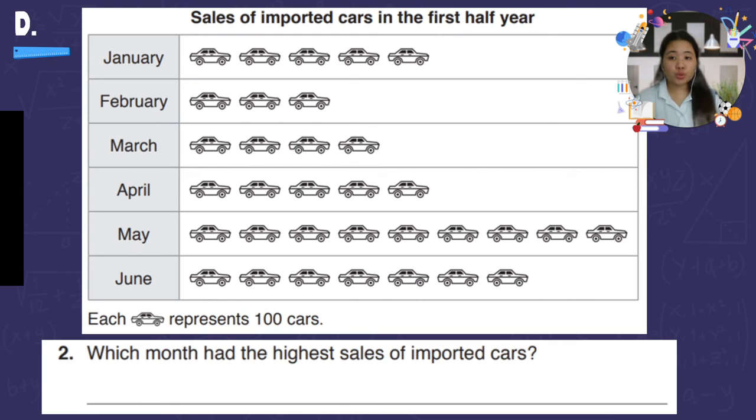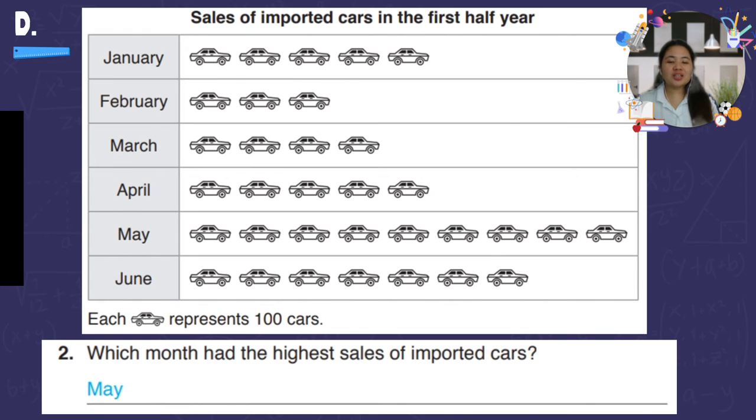In number 2, which month had the highest sales of imported cars? So what month has the biggest, the largest, the highest, or the most number of cars? Which month? Okay, good job. That is May. Very easy.